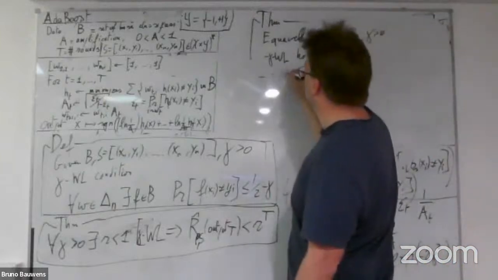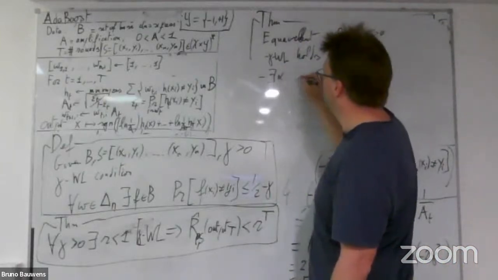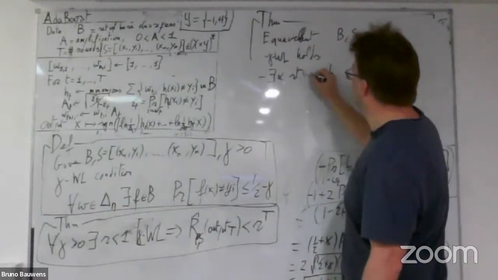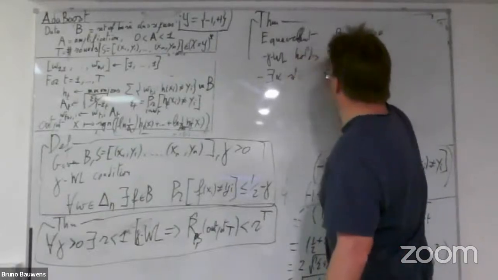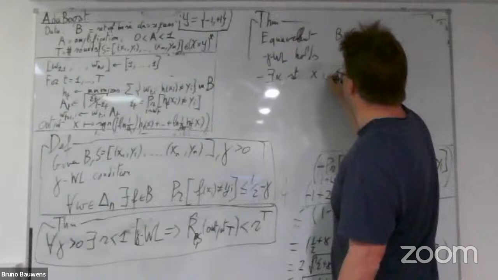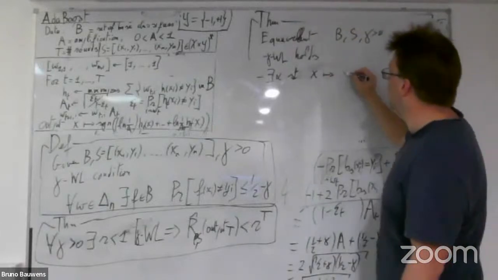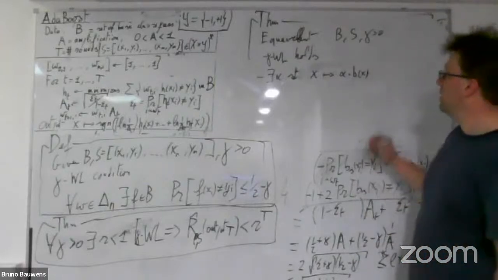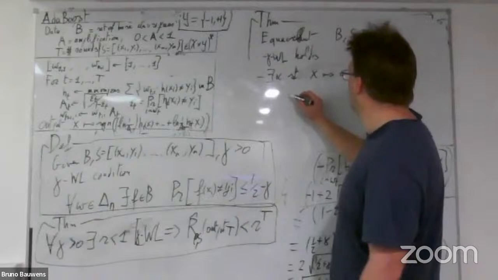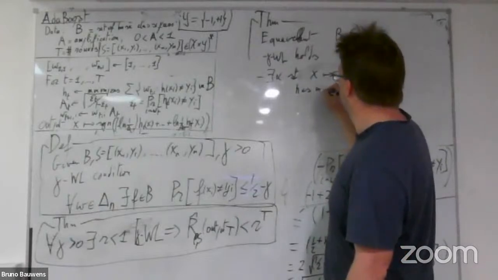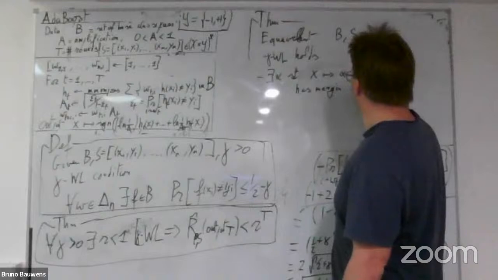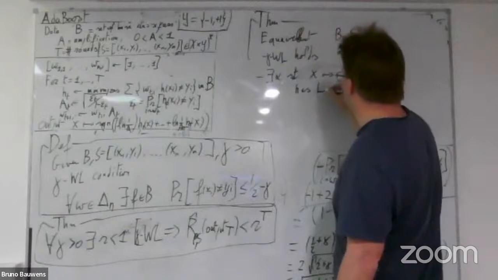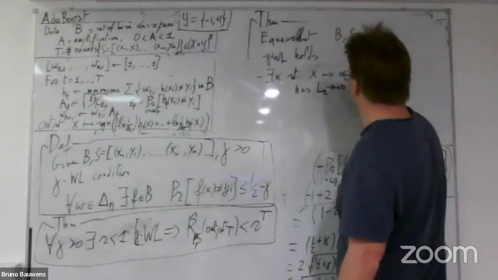The weak learning hypothesis is false, and there exists alpha such that alpha times the classifier, that is, the regression function x goes to alpha times b of x, satisfies having margin gamma. But we should say that this is L1 margin, because I didn't define carefully what L1 margin is.